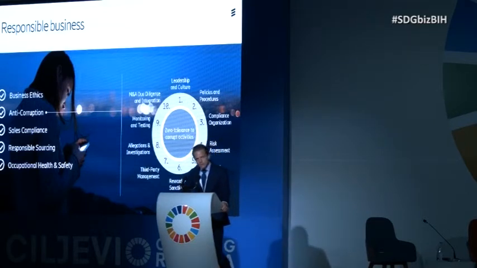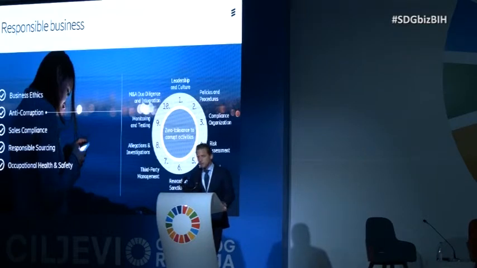Sales compliance then, why do we do that? That comes from mainly looking into who we are selling to and why. What is the purpose of the sale? What will it be used for? For example, is the sale to a government or state-owned company, and what will they use the product for?